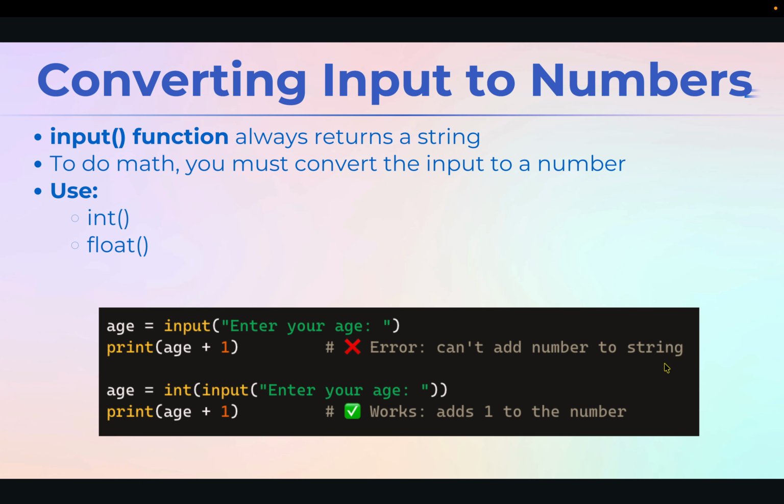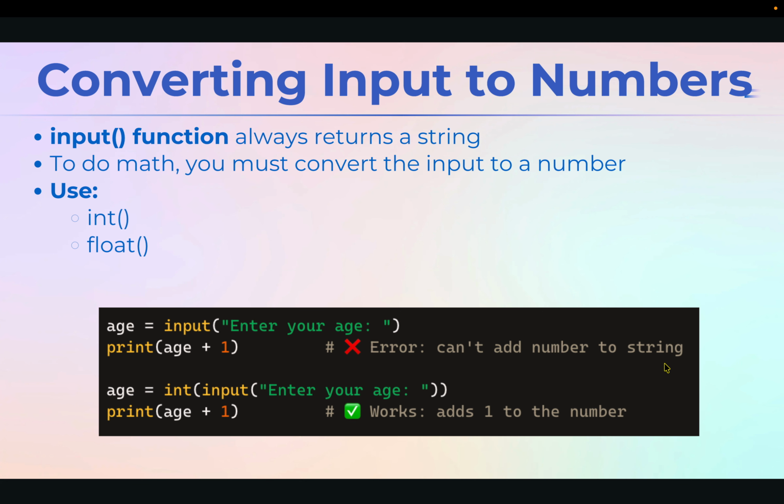So if you wanted to convert your input from the input function to a number, because it's a string by default, then you would either use the int function or the float function. So if you take a look at the example screenshot we have, the very first section of age in print, you see that there's an error because you can't add a number to a string.